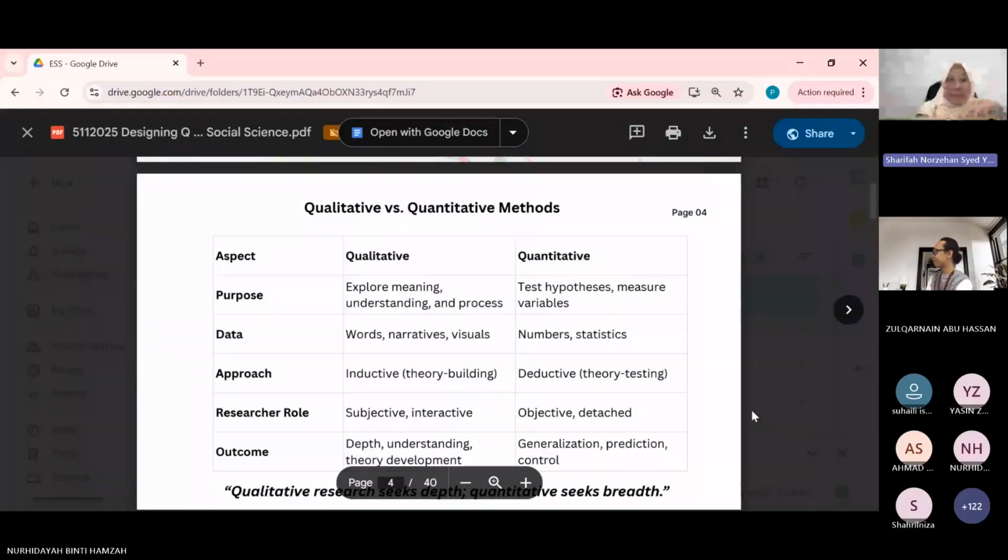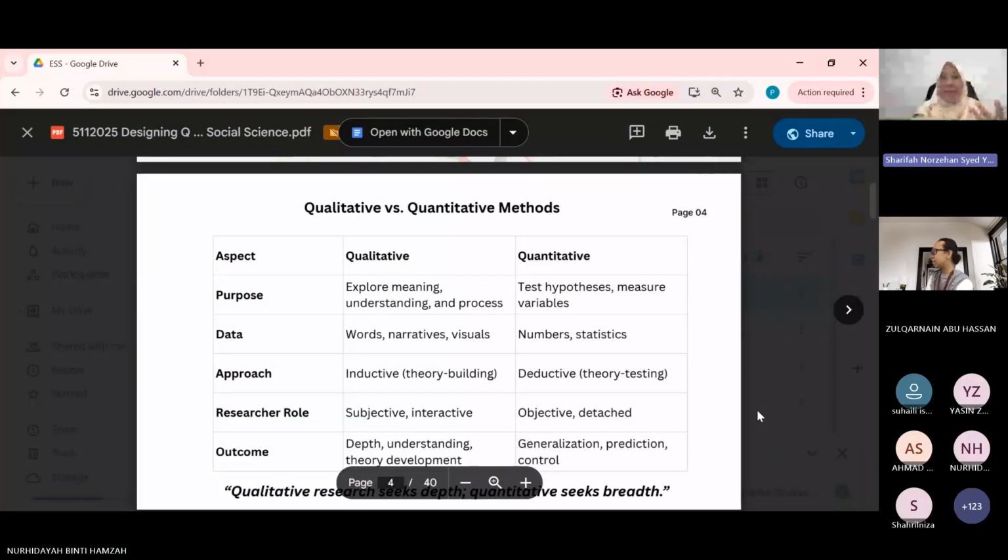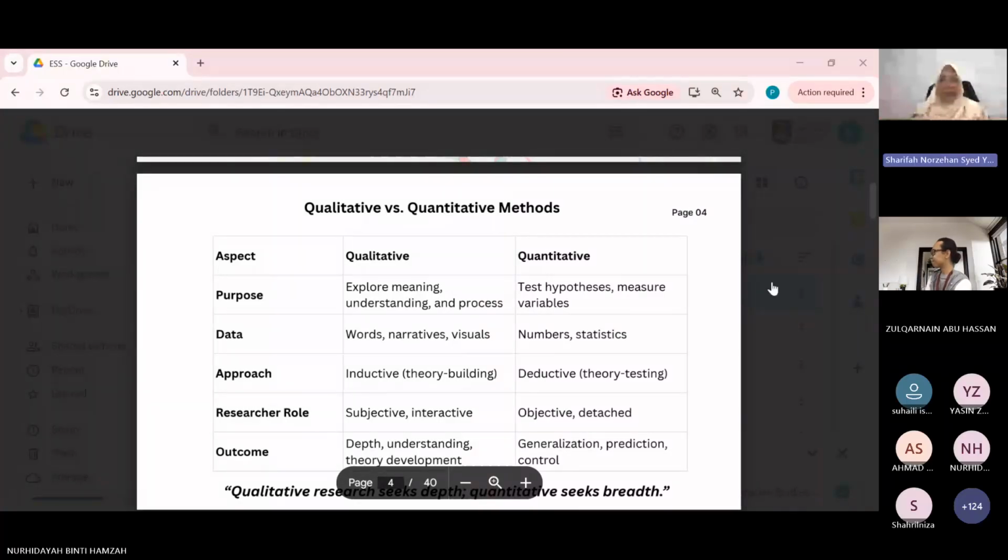It's about exploring something that doesn't relate to numbers. It's about a situation. But in the context of quantitative, it is more towards numbers and more towards the statistical methods that you are thinking of.